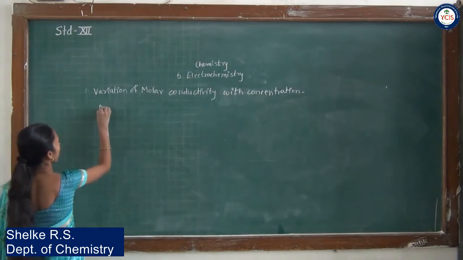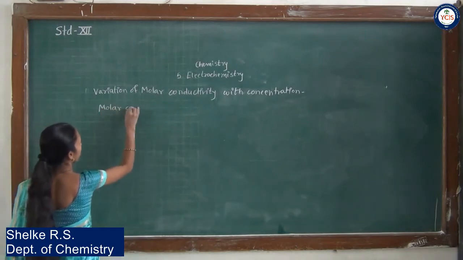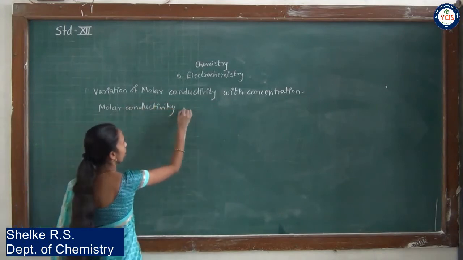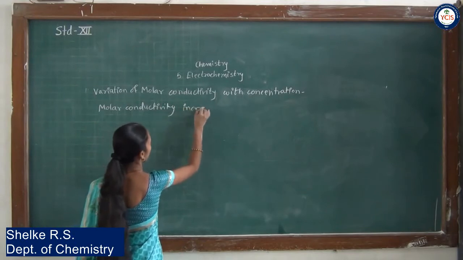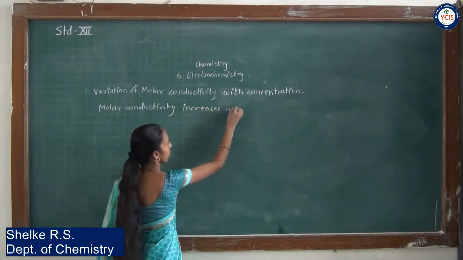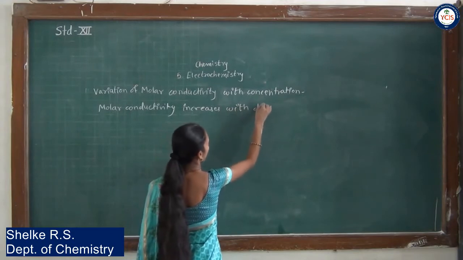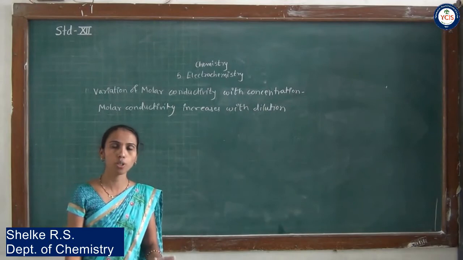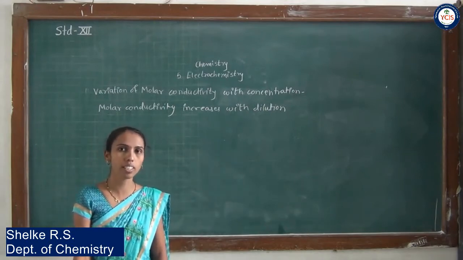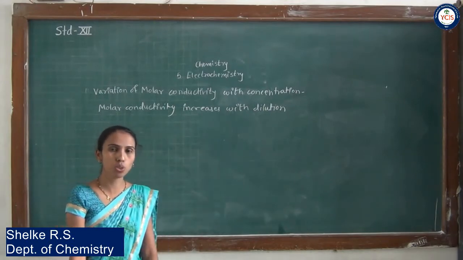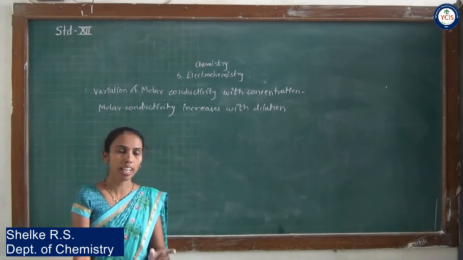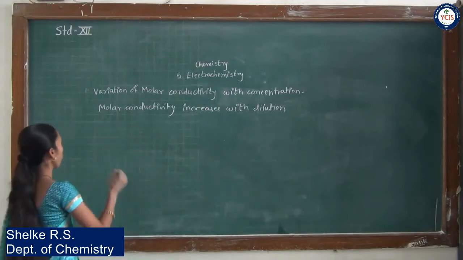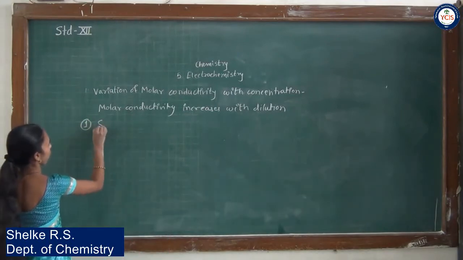That molar conductivity increases with dilution. Means as you are increasing the dilution or you diluted the solution, its molar conductivity will increase. But in case of strong electrolyte and weak electrolyte, that qualitatively molar conductivity is different. So first we will consider in case of strong electrolyte.